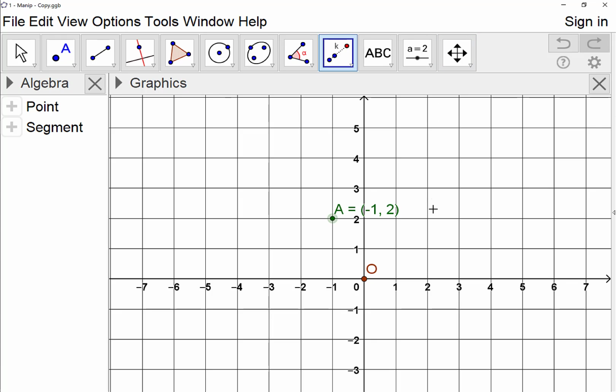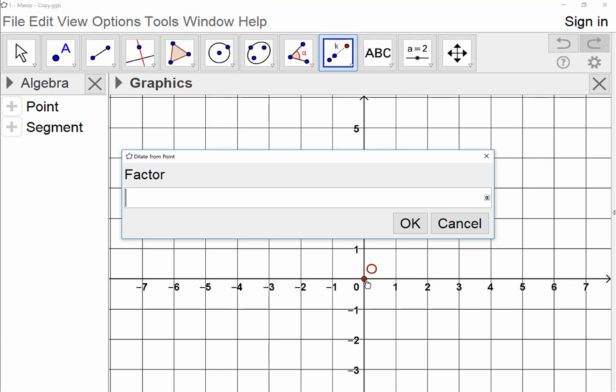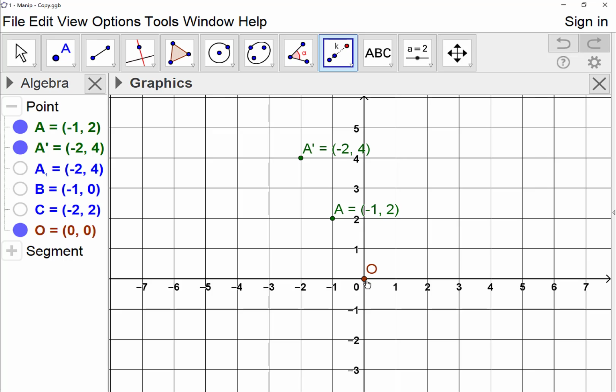Watch what happens when you dilate that point. What do you want the scale factor to be? 2. You see how it went here? You're right, the coordinates. What's happening to -1 to get to -2?